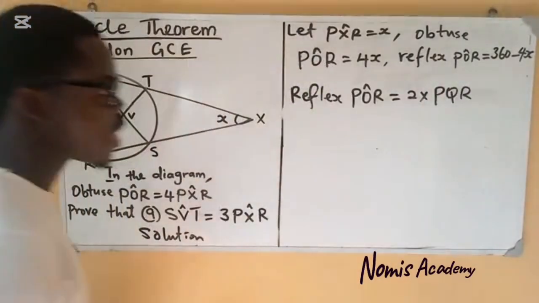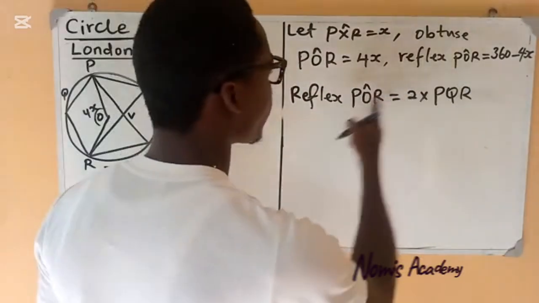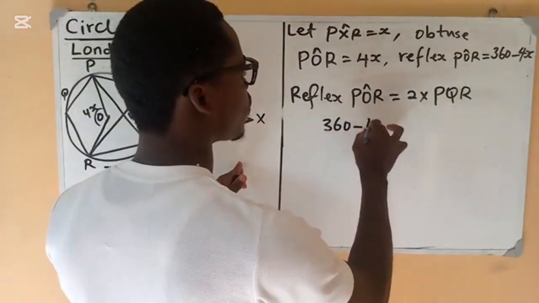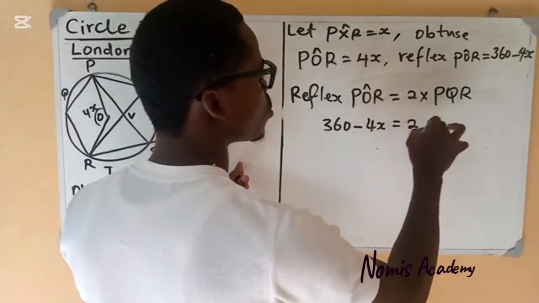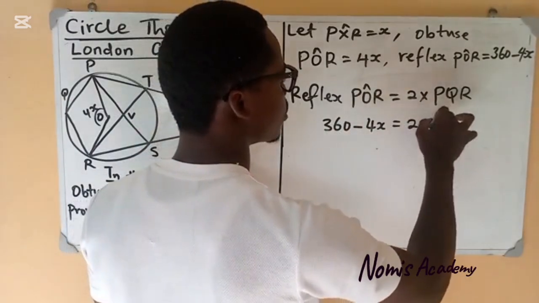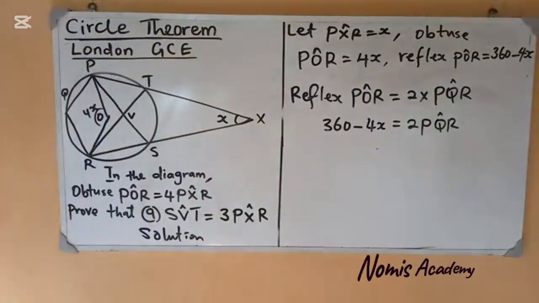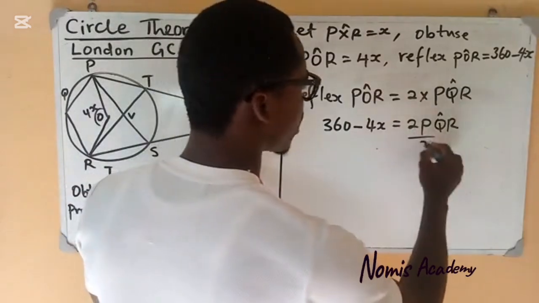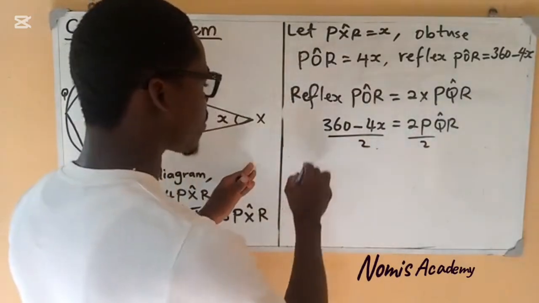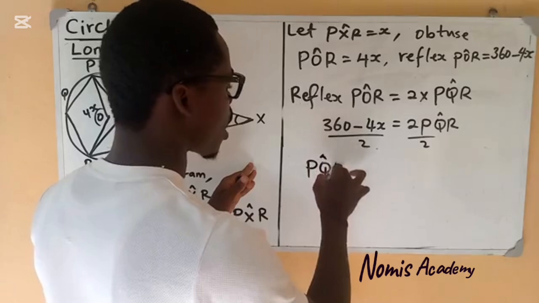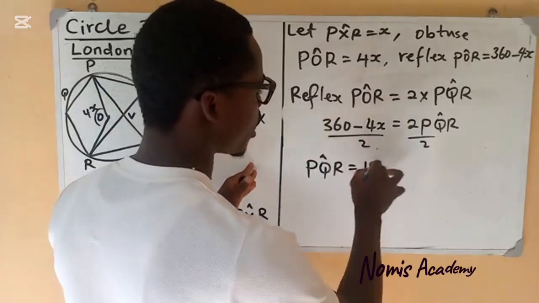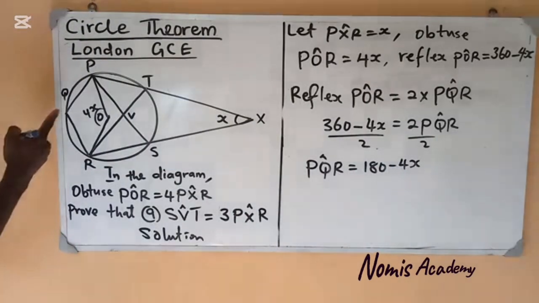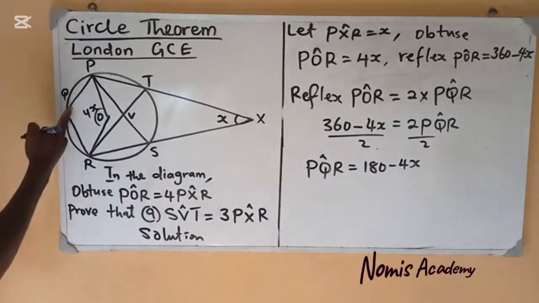Then we have reflex POR, which is 360 minus 4x, equal to 2 PQR. To find the value of PQR, we divide both sides by 2, so PQR is equal to 180 minus 4x. That is the value of the angle at this point.